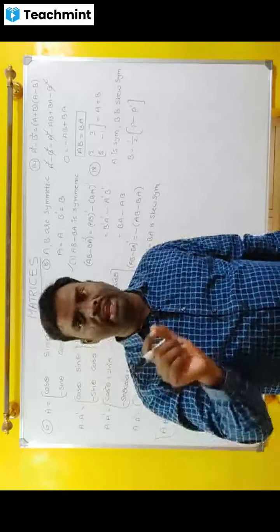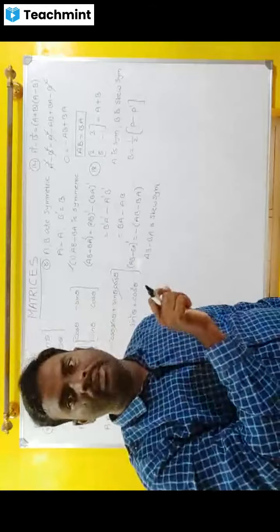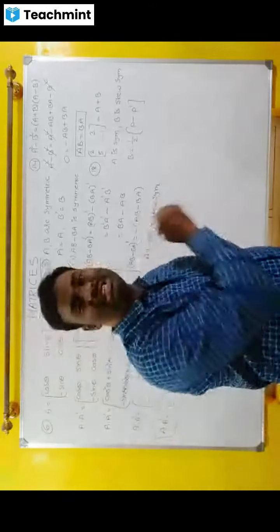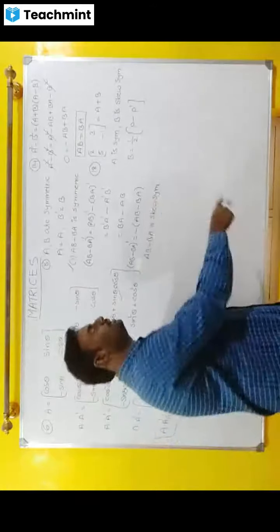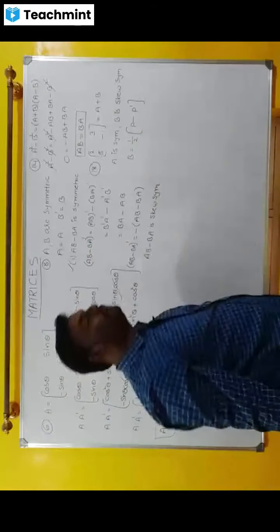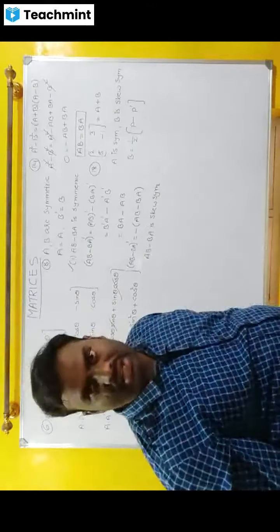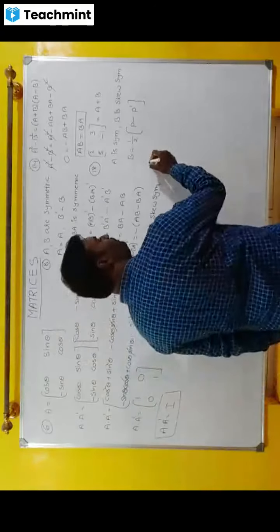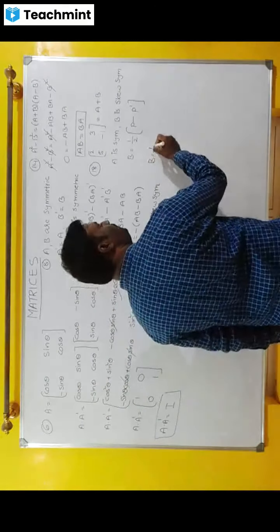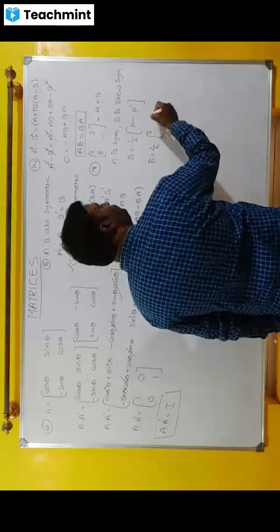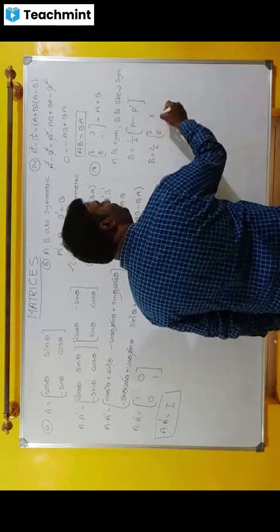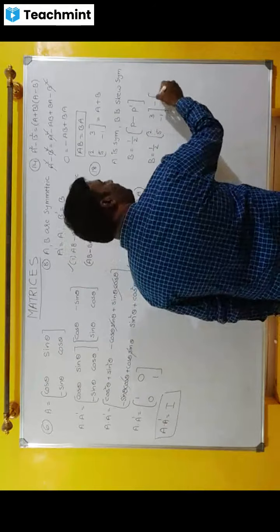In place of A, here I am taking P. We require B, which is skew symmetric, so B is 1 by 2 into P minus P dash. B is equal to 1 by 2 into [2, 3; 5, minus 1] minus P dash.